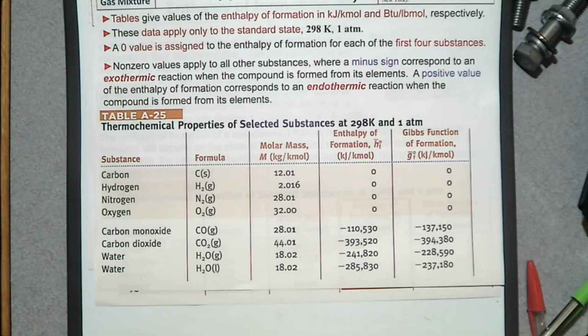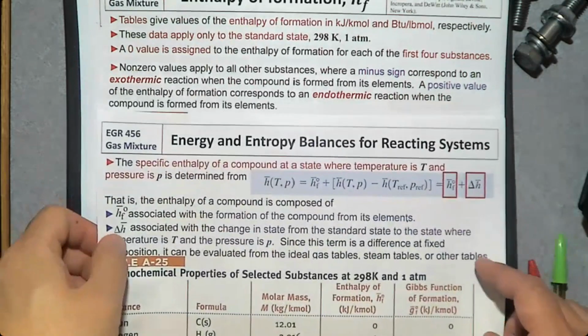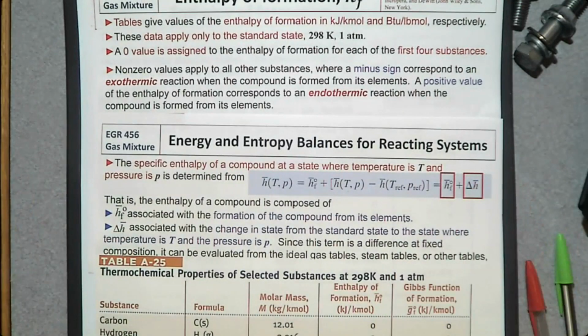Of course, most combustion processes end at a higher temperature than this room temperature, 298 Kelvin. Then there is an equation to determine the specific enthalpy when the temperature and pressure are different from these two values. That equation is written here.